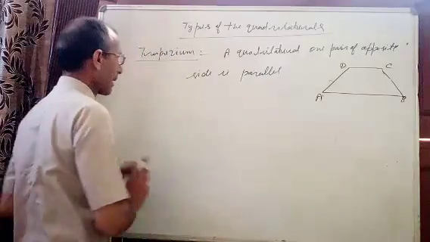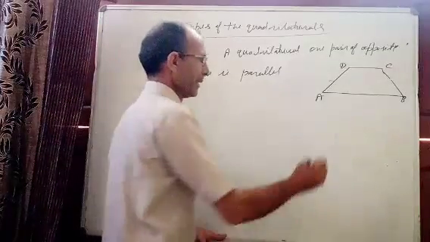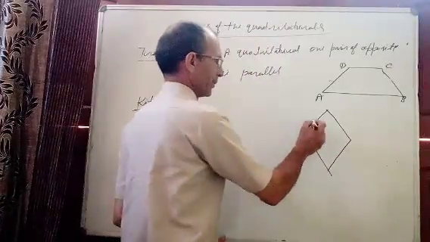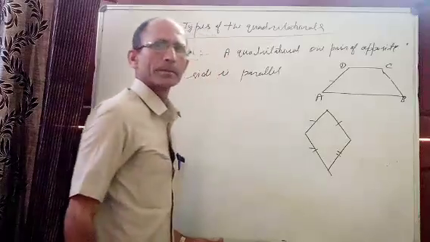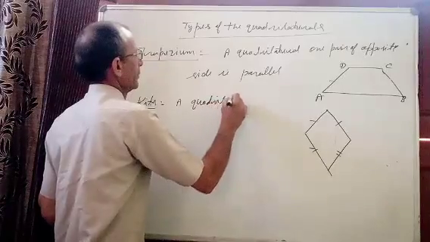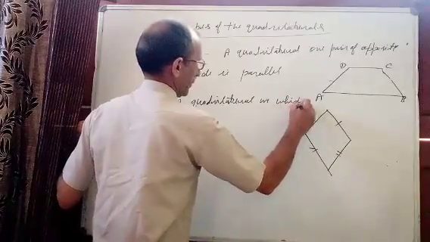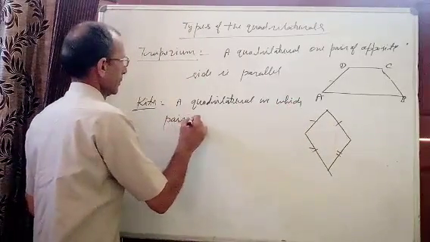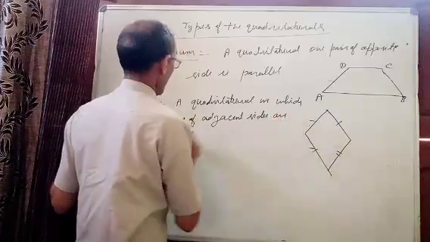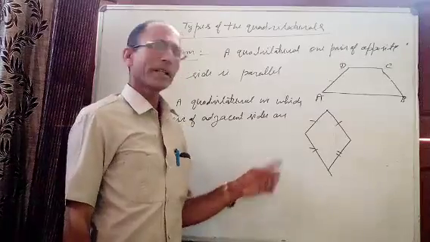Next is kite. A quadrilateral in which pairs of adjacent sides are equal.